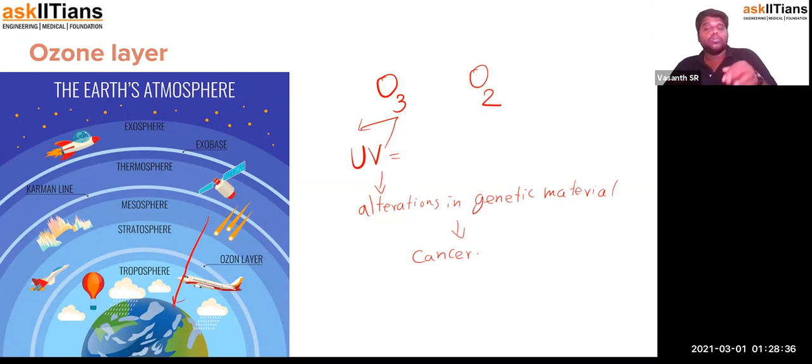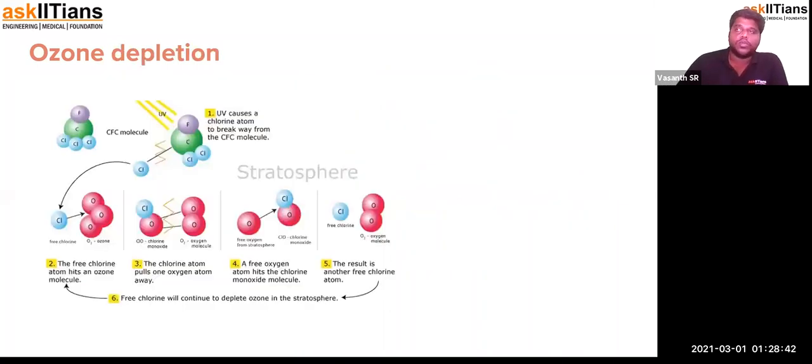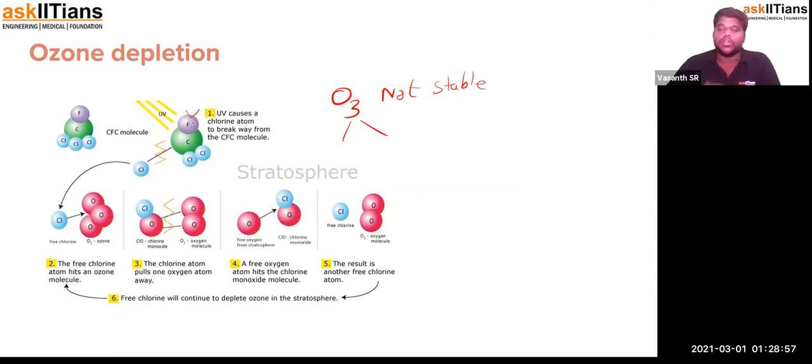Now we should know the importance of the ozone layer and what happens when it gets depleted. Ozone depletion is a process where ozone, which is O3, is not stable, so it constantly undergoes breakdown by active materials called chlorofluorocarbons. A chlorofluorocarbon liberates a chlorine atom upon exposure to UV.